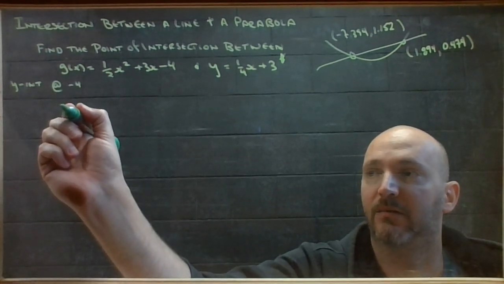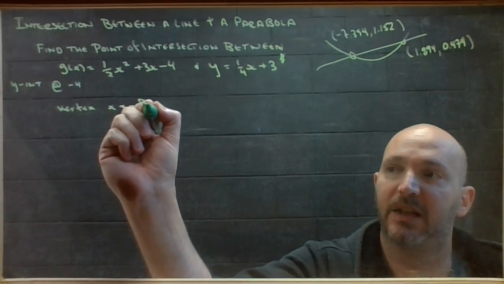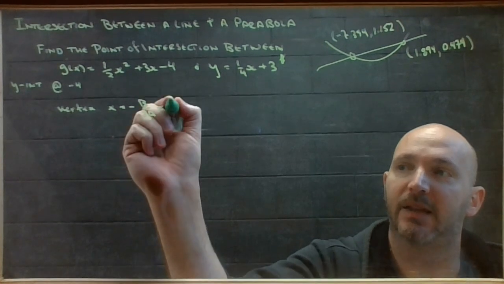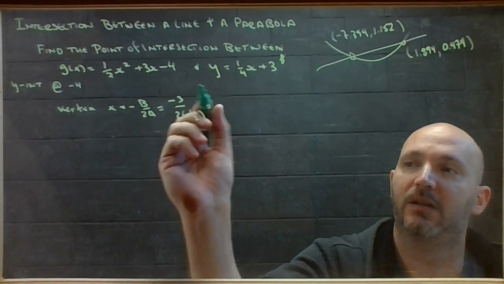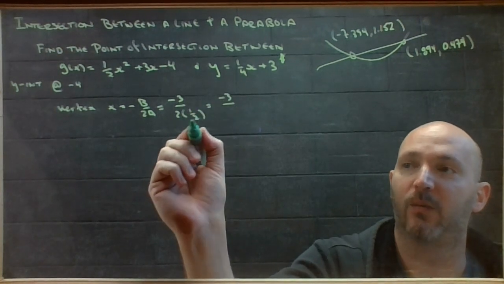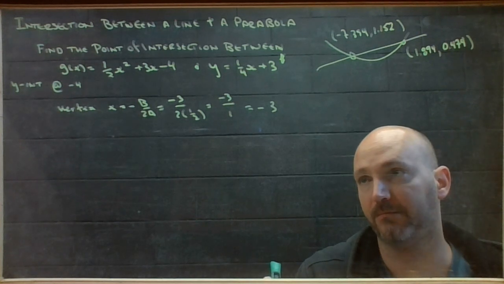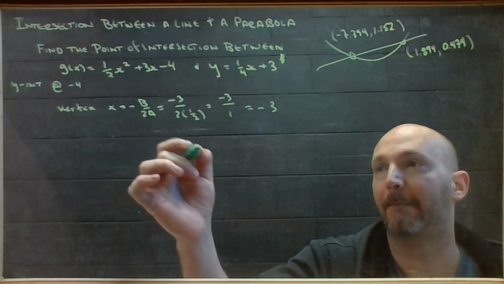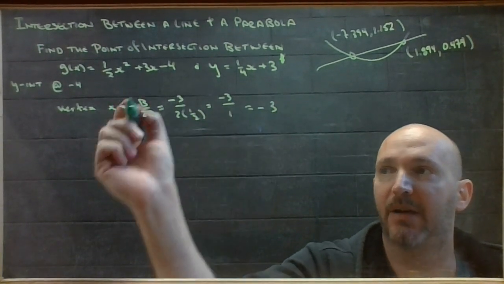Vertex will happen when x equals negative b over 2a. So that's negative 3 over 2 times 1/2. That's negative 3 over 1, which just gives me negative 3. I need the y value for that, so I'm going to have to put negative 3 back into my equation.